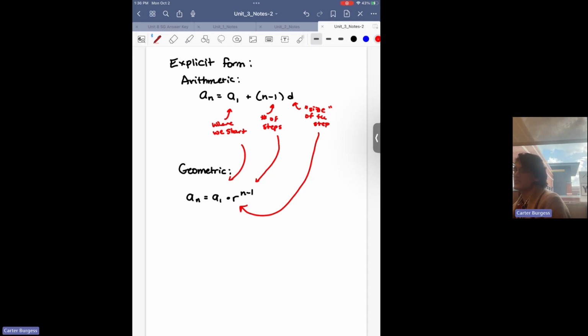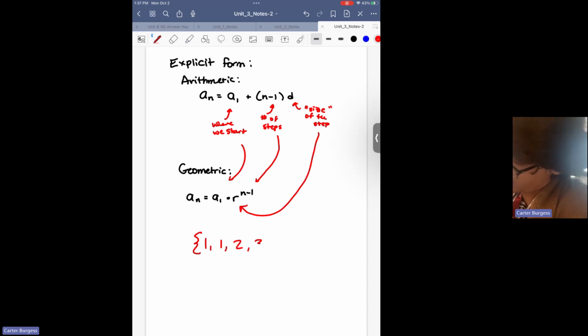Now, this condensed version is very, very nice for our arithmetic and geometric sequences. There are going to be some sequences that are better defined by recursion. A fantastic example would be the Fibonacci sequence: 1, 1, 2, 3, 5, 8, and so on. Defining this recursively, we would need to define the initial condition. I'm taking the two numbers prior and adding them together.